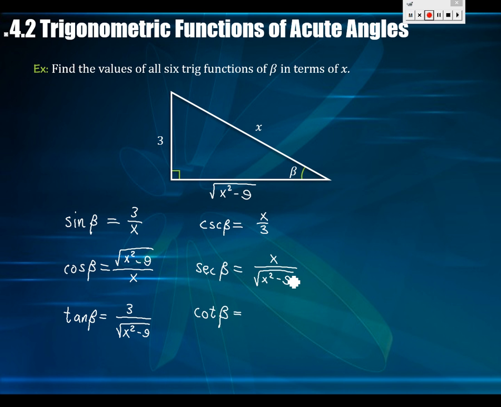Yeah, this thing takes the reciprocal. Is that good? Okay.